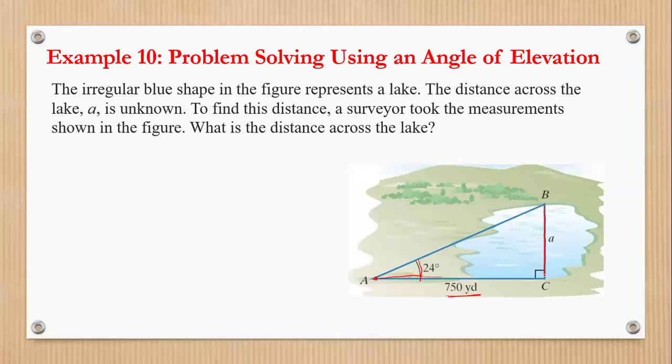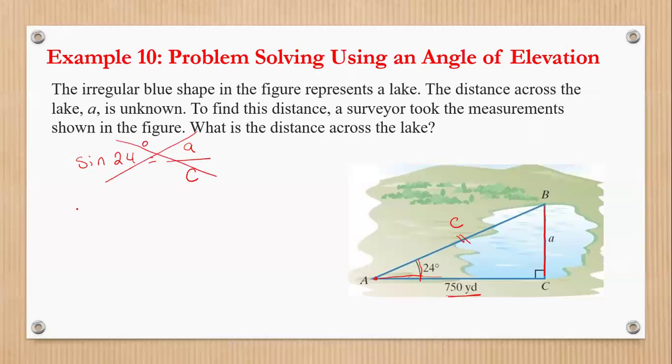For example, if in this picture I want to use the sine of 24 degrees, based on the information that I have about the sine function, I know that the sine is always opposite over hypotenuse. If the hypotenuse is called C, I have A over C. I know the sine of 24 from the calculator, but I don't have A and I don't have C. When I have two unknown items, I cannot solve that problem.